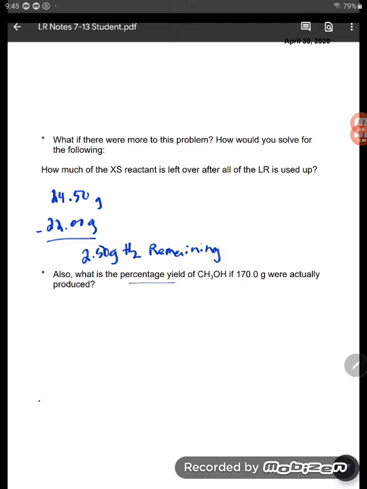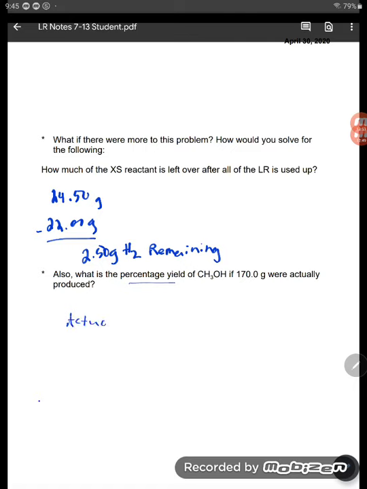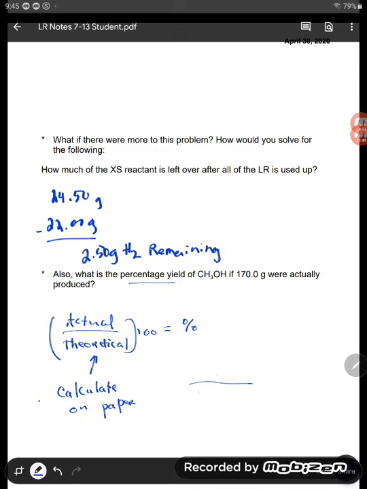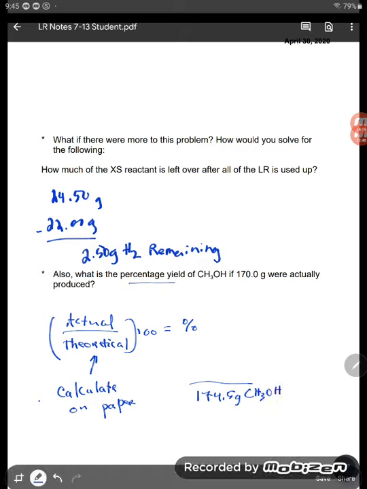For percent yield, if you think back to some of the labs we've done, the actual divided by the theoretical times 100 is going to get you that percentage value. The theoretical is what we calculate on paper. So for us, that's the value that we calculated, the 174.5 grams of CH3OH.